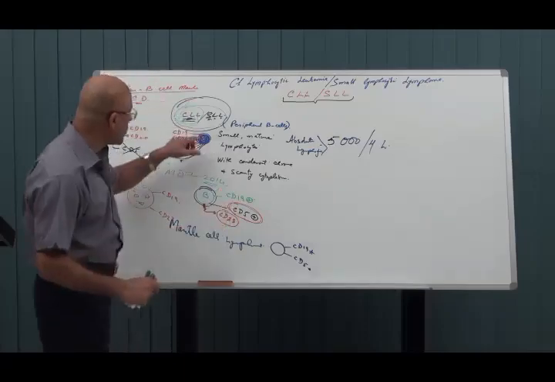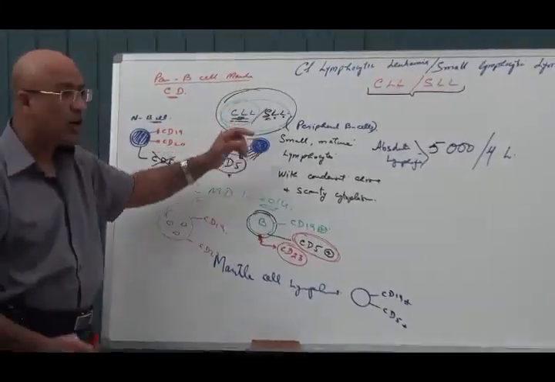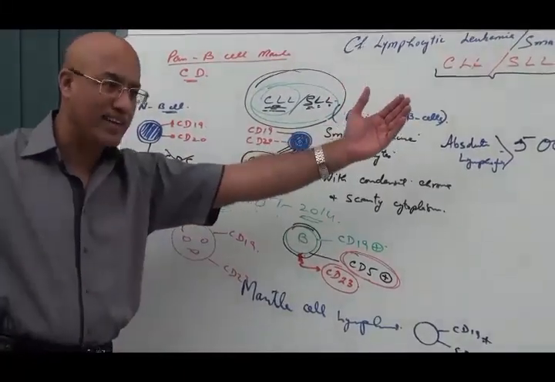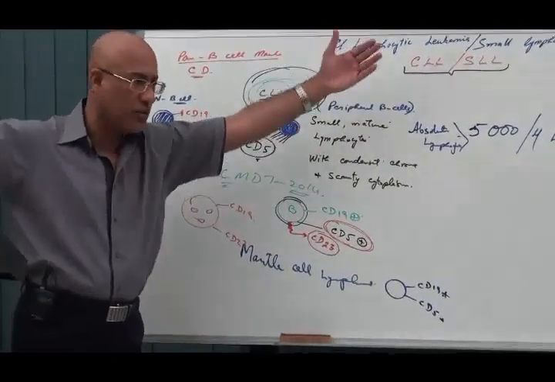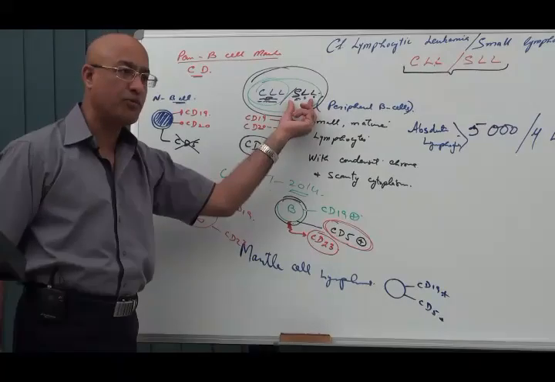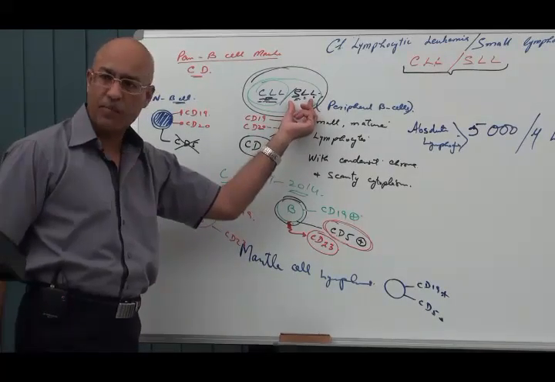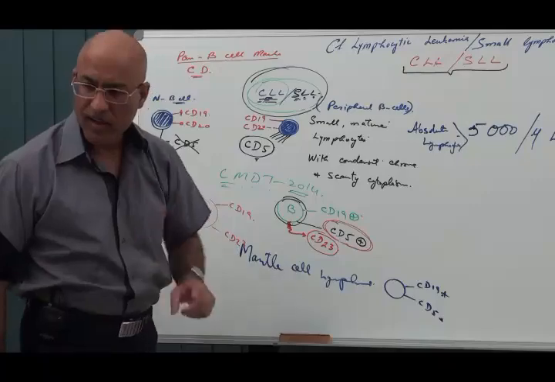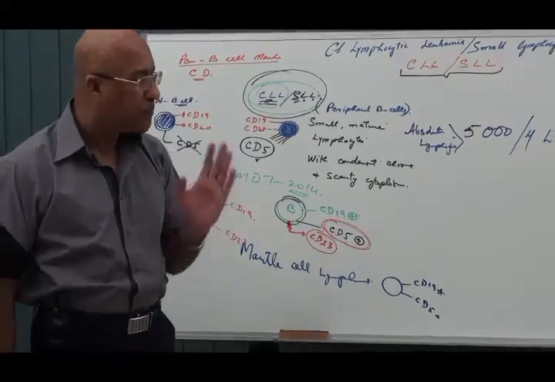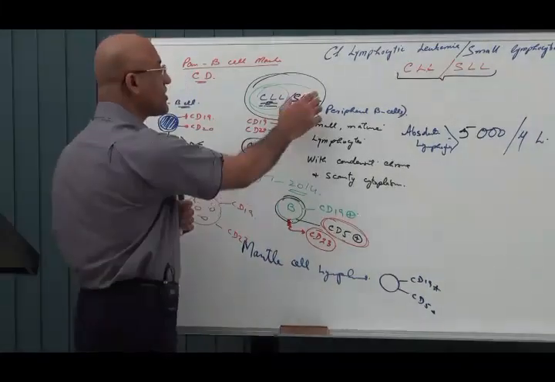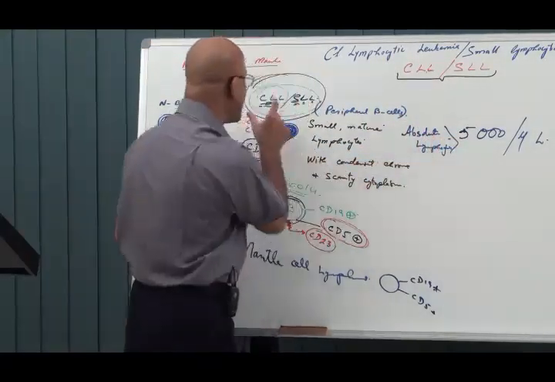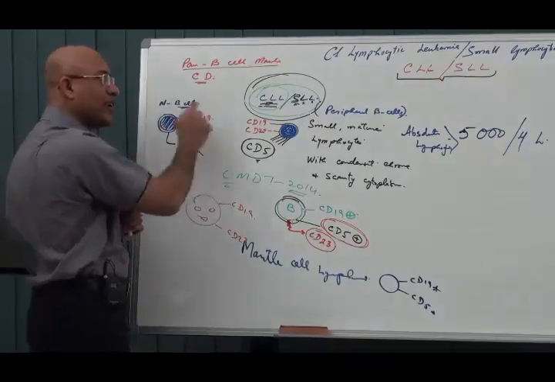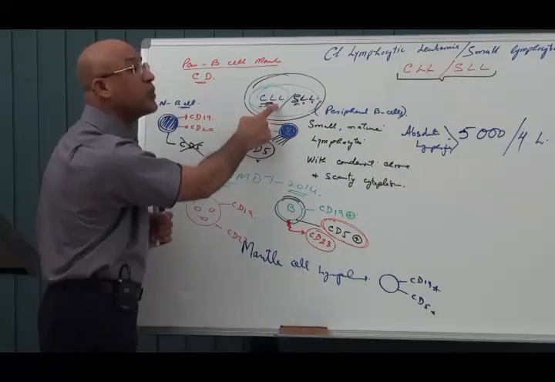Is that right? So it means that non-Hodgkin's lymphoma is a very big category. And out of that very big category, SLL makes only 5% of non-Hodgkin's lymphoma. Previously, this was considered a separate entity from chronic lymphocytic leukemia a few years back.